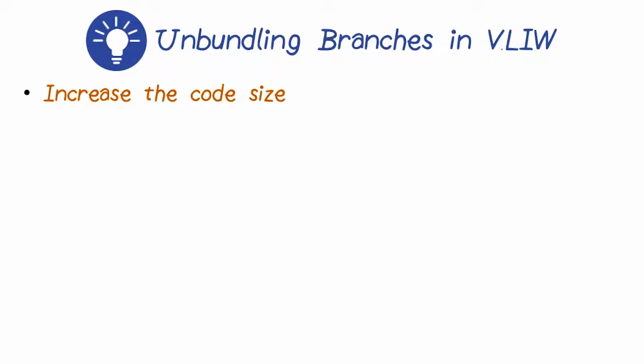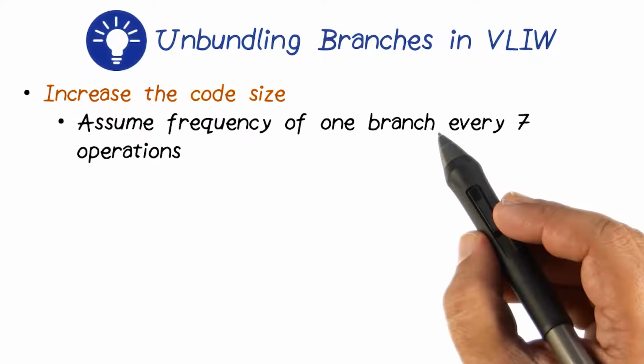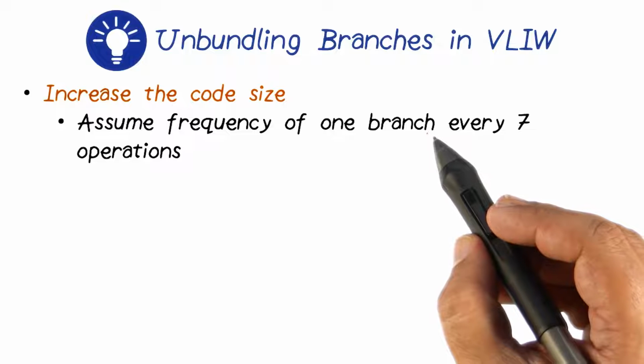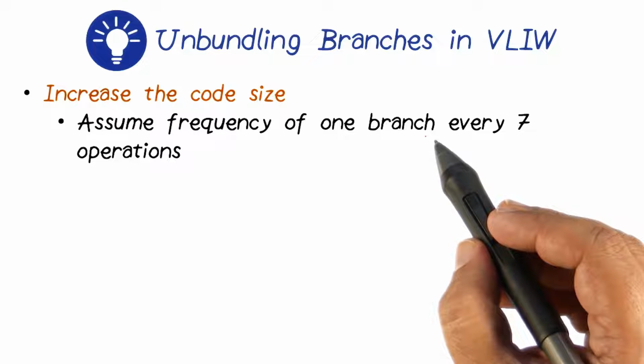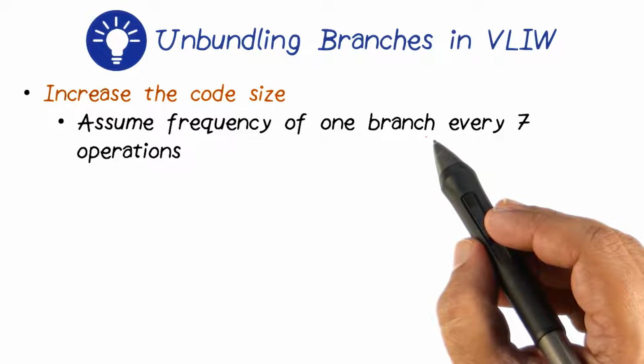What's the catch here? The biggest problem of these is the increase in code size. Why is it so? As you can see in those examples that we saw, additional instructions are generated for each of those solutions. 1 additional instruction is generated for the 2-step solution, and in fact 2 additional instructions are generated for the 3-step solution.